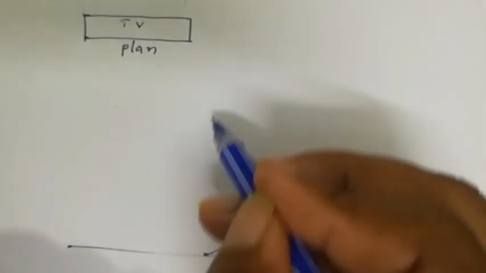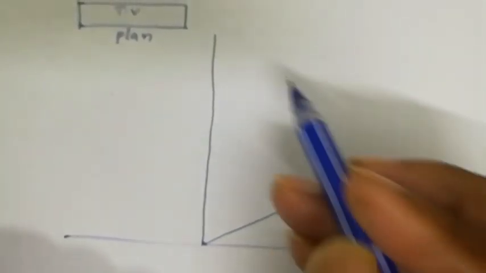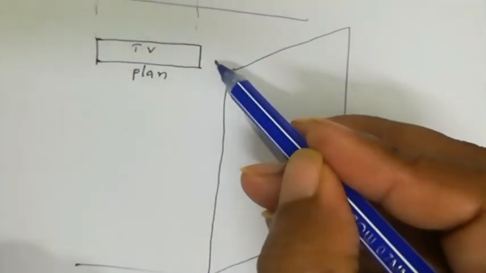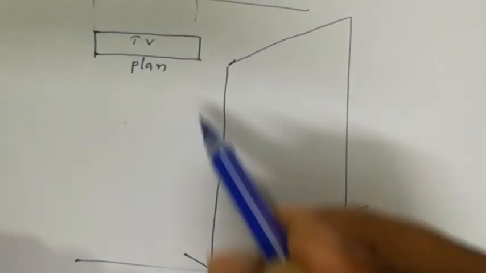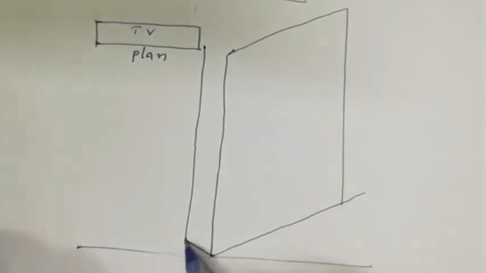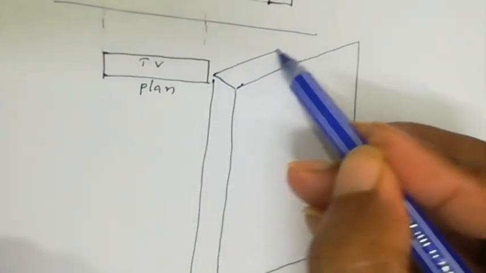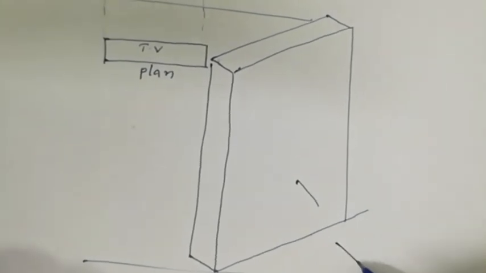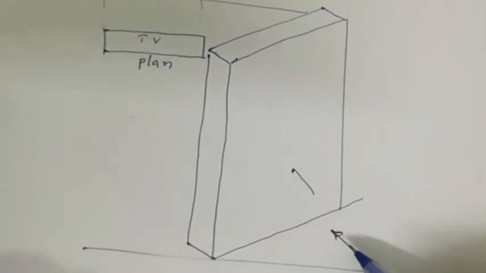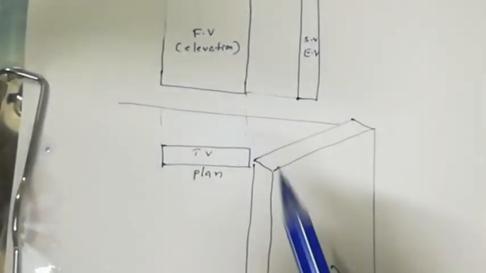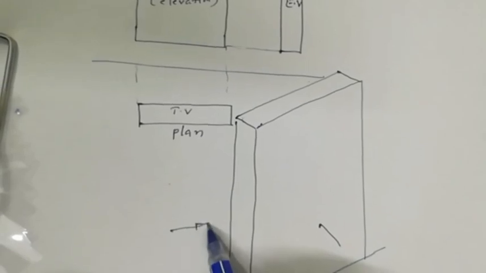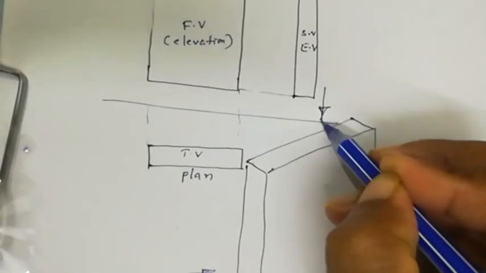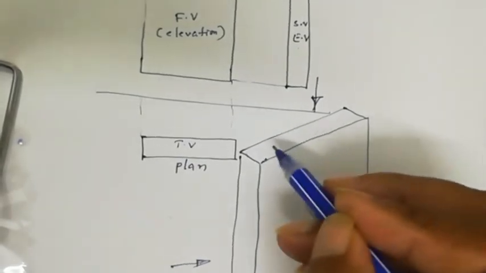So that will look like this. So if we look from this front, you will get this front view, and if we look from this side, you will get this side view, and if you look from the top, you will get this surface, that is this top view.